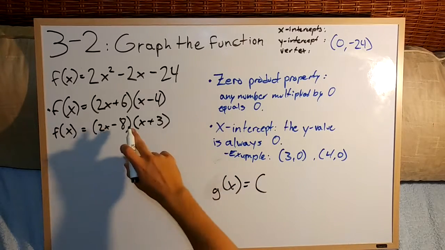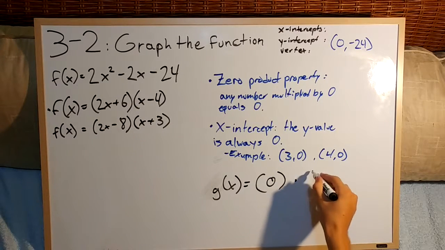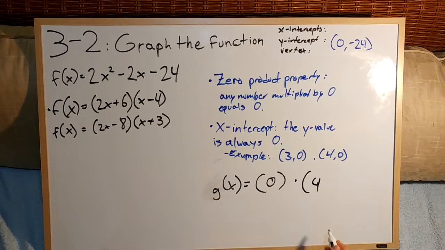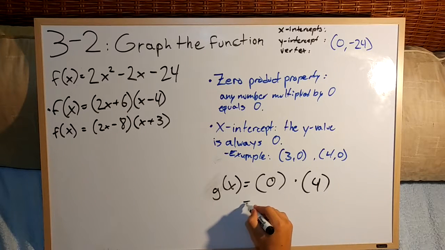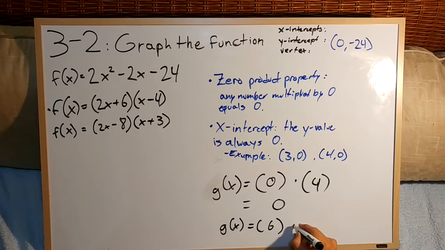Using factored form, say the first value is 0, and then multiplied by 4 will always equal 0 no matter what. What if it's the other way around? g of x equals 6 times 0. It will always equal 0.